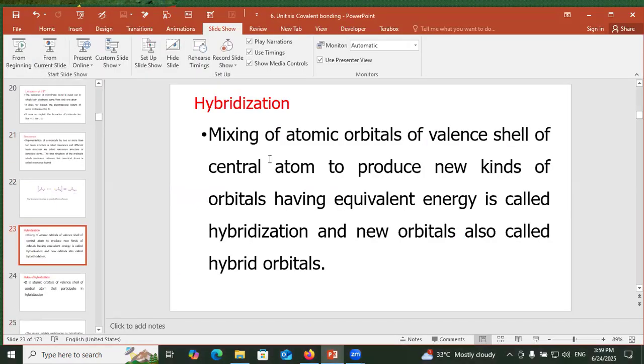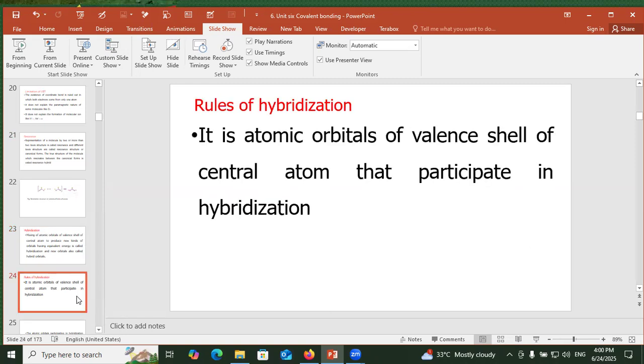Hybridization. Mixing of atomic orbitals of valence shell of central atom to produce new kinds of orbitals having equivalent energy is called hybridization, and new orbitals are also called hybrid orbitals. Rules of hybridization. It is atomic orbitals of valence shell of central atom that participate in hybridization.